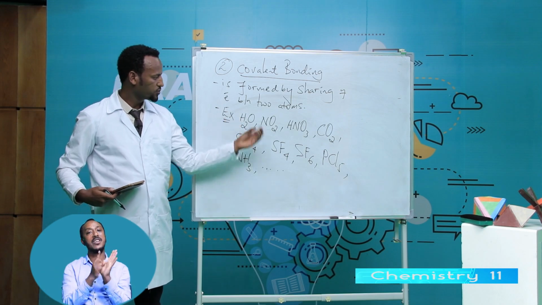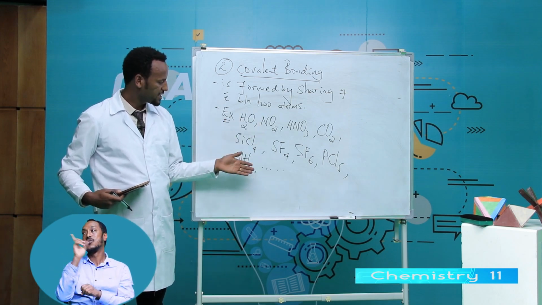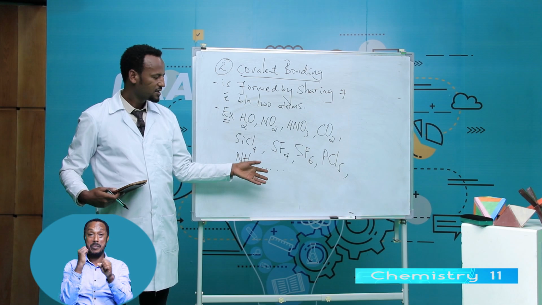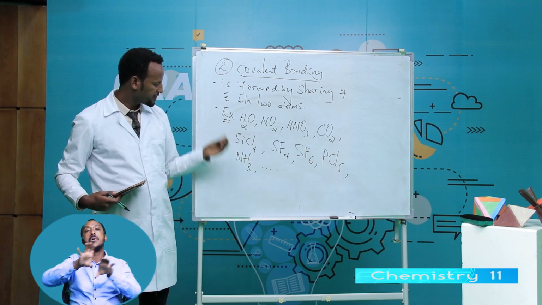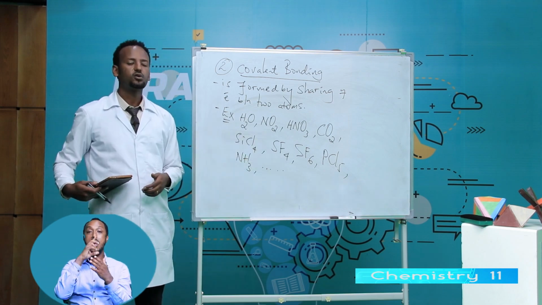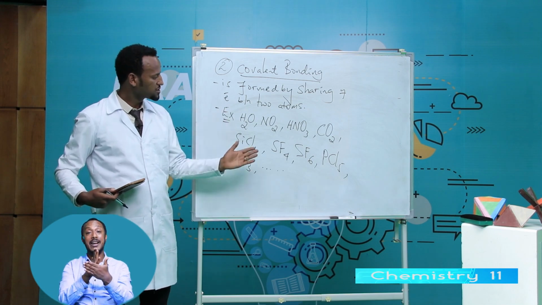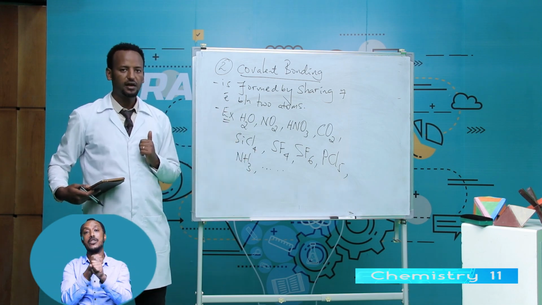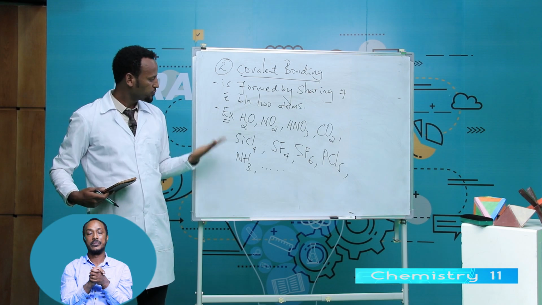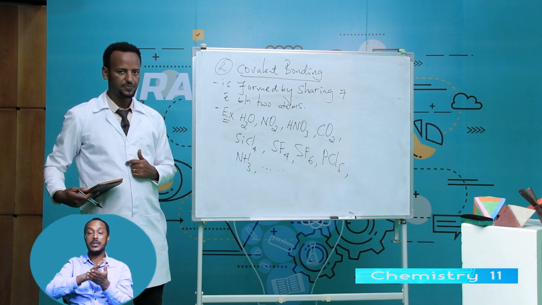H2O, NO2, HNO3, CO2, SiCl4, SF4, SF6, PCl5, NH3 are examples of covalent compounds, because all these compounds are formed by sharing of electrons between two nonmetals.